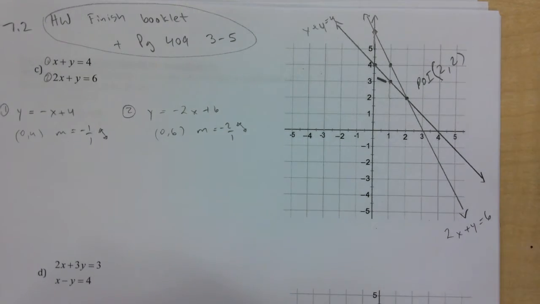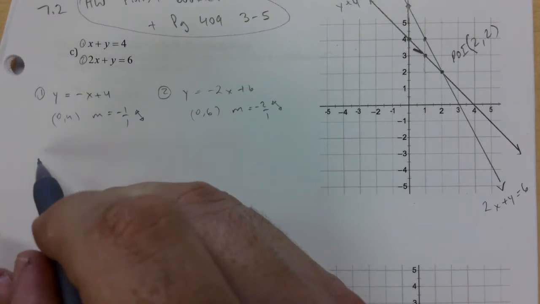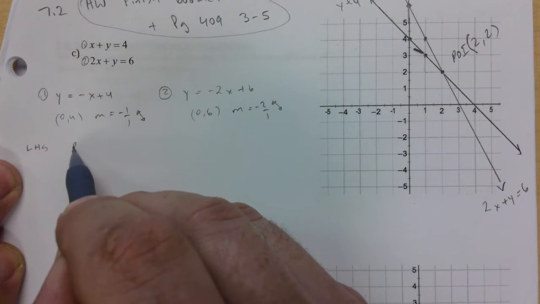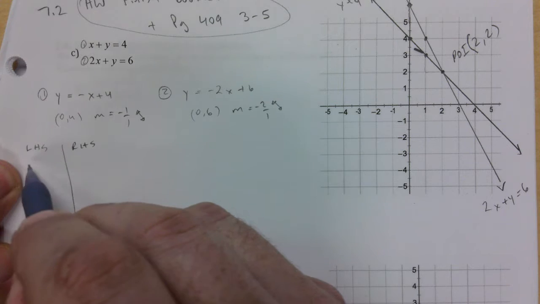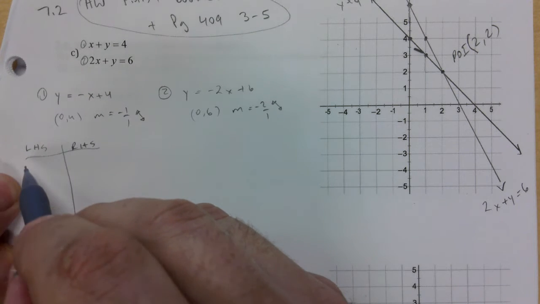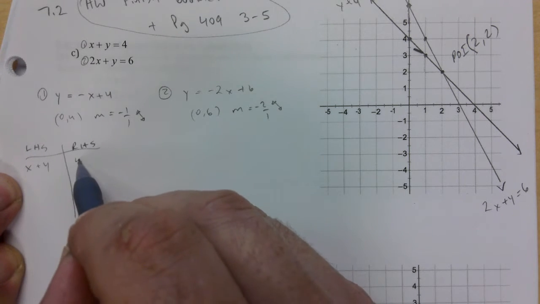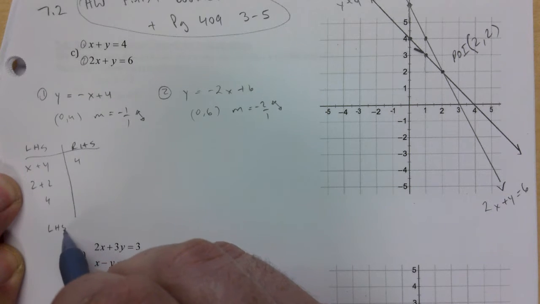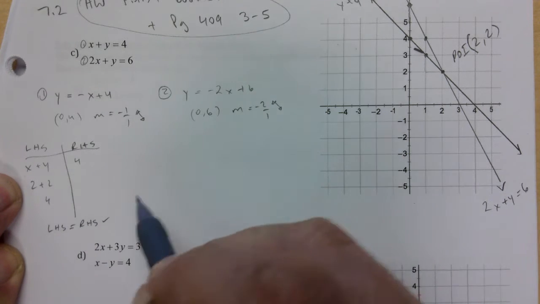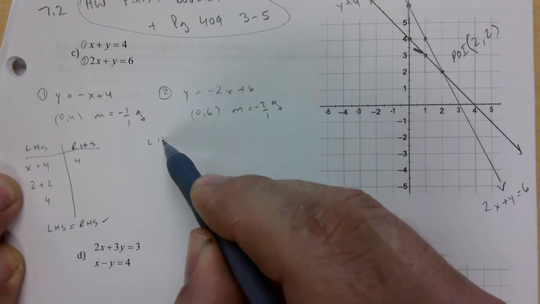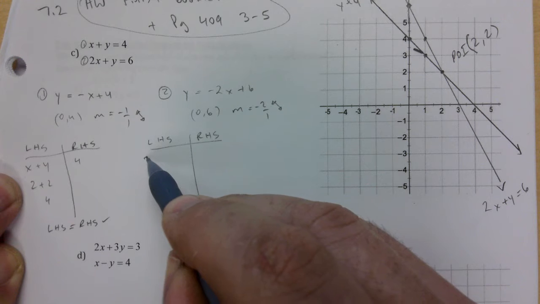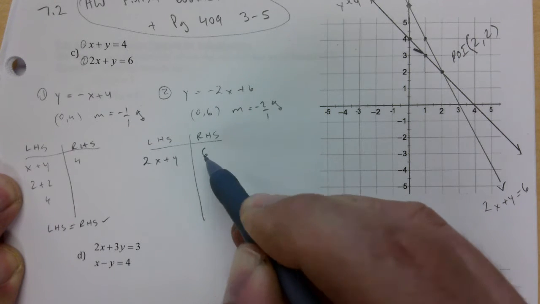All right, and then under this one, left hand side, right hand side, we have x plus y is supposed to be 4. 2 plus 2 is 4. Left hand side is equal to right hand side, so we're good there. And then left hand side, right hand side for the second one, where it's 2x plus y is equal to 6.